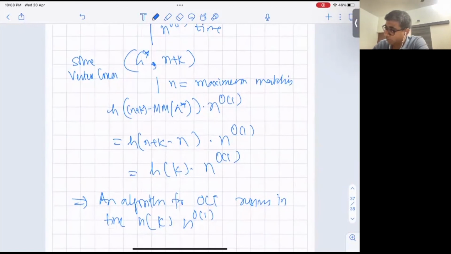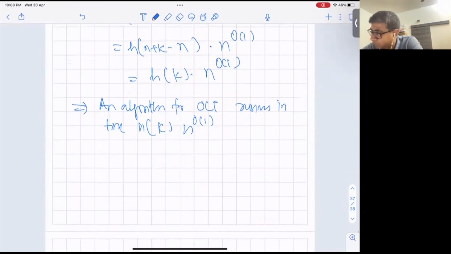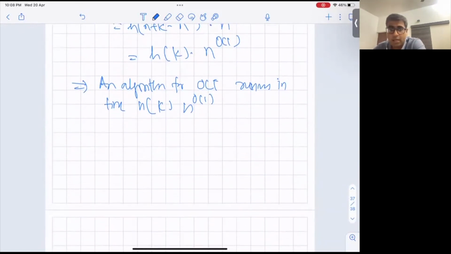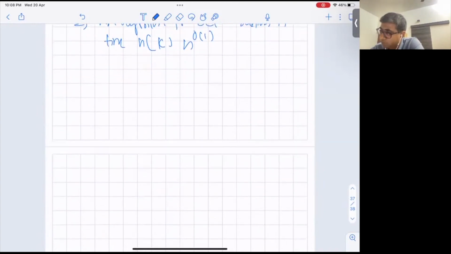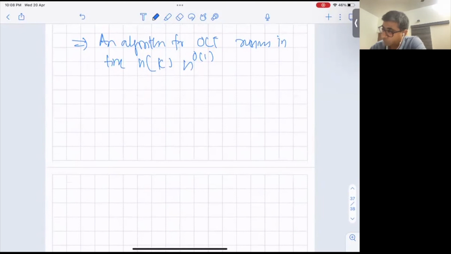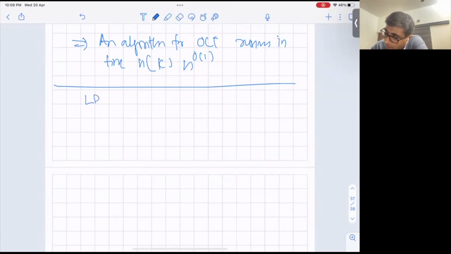Okay, so now let's talk about another problem. Okay, so let's go back. Remember we wrote a linear program for vertex cover. What was the linear programming for vertex cover?